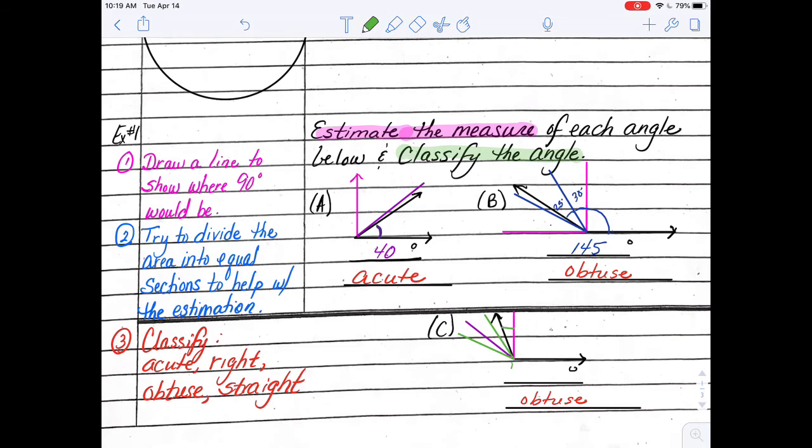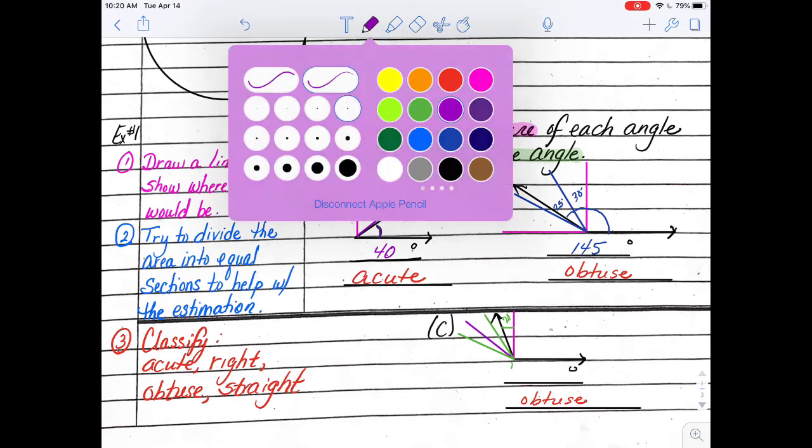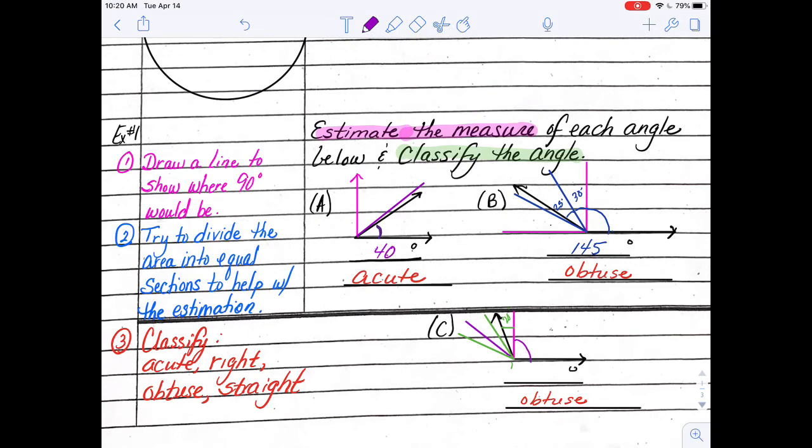Maybe, what do you think? It's more than half that 30, so maybe around 20 degrees. Okay, so that 90 that we're looking at, plus about 20 more here, that would be around 110 degrees. So I think that angle was somewhere around 110.